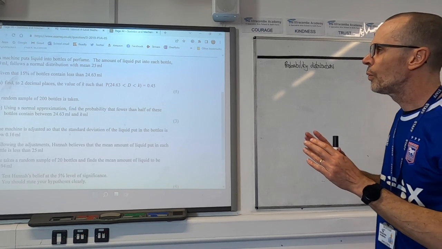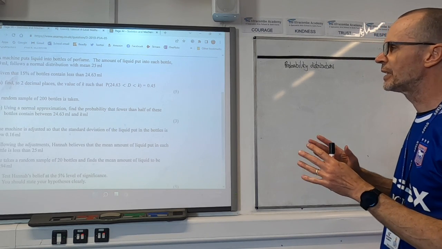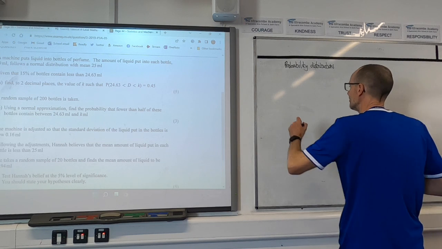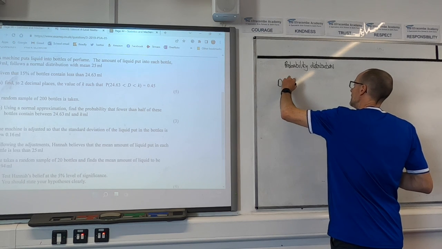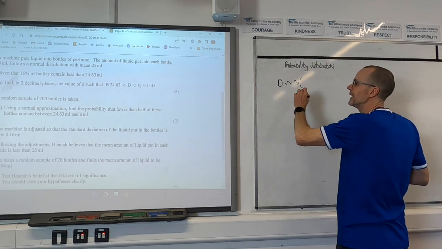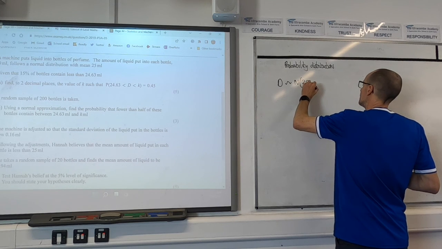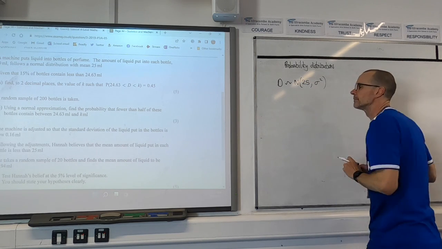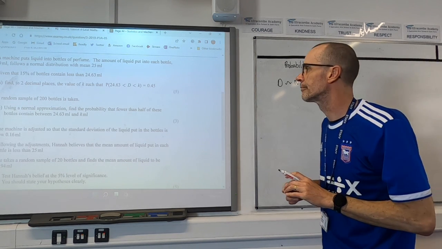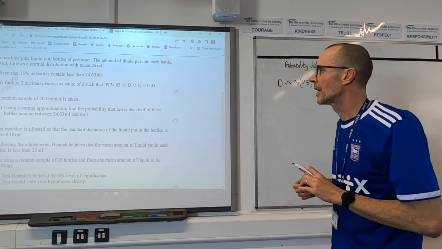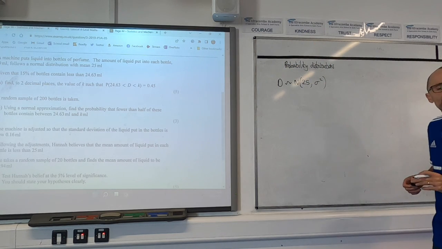So we're told that the amount of liquid in each bottle follows a normal distribution. So they're calling that D, and we're told the mean is 25. But we don't know the standard deviation.